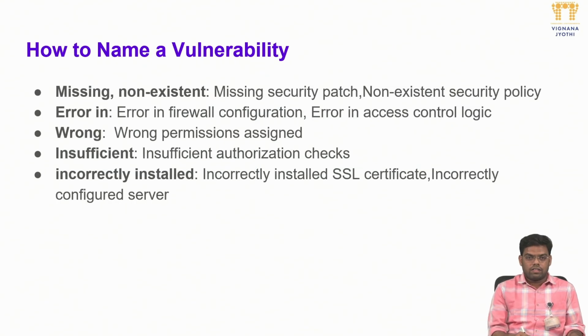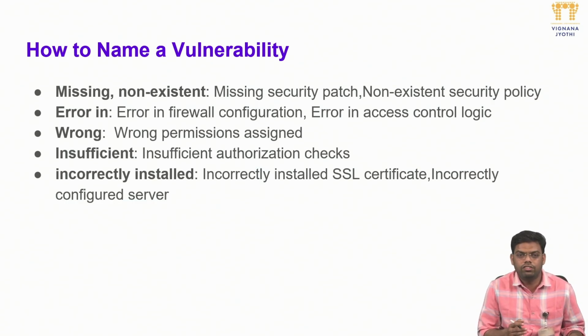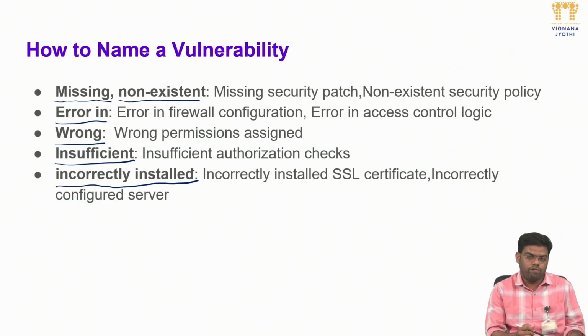Next, how to name a vulnerability? Do we have related names for a vulnerability based on situations? Yes, a vulnerability is termed by different names in different situations. First we can call it missing or non-existent. Second, error in, wrong in, insufficient, or incorrectly installed software.